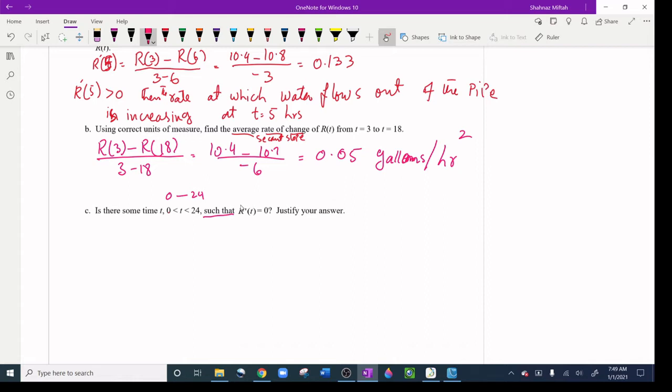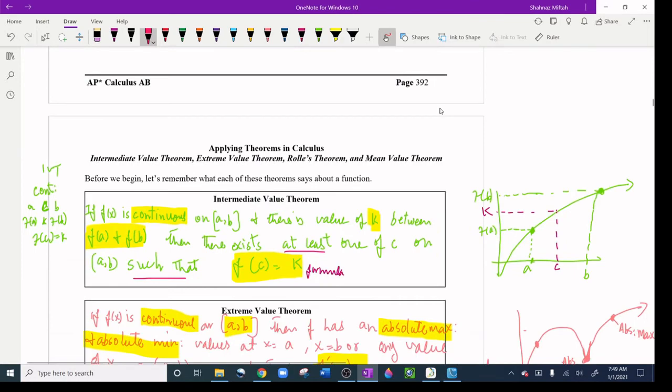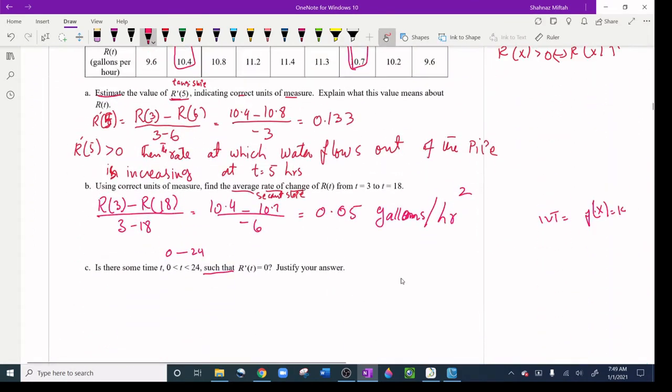If you guys remember this formula, we have the intermediate value theorem. I'm going to review this one more time. The formula is f of x equal k. I think it's not prime, it's f of x equal k. Yes, this one, f of c equal k. I just said f of x, but let's change this to c, make it exactly what they want, equal k.